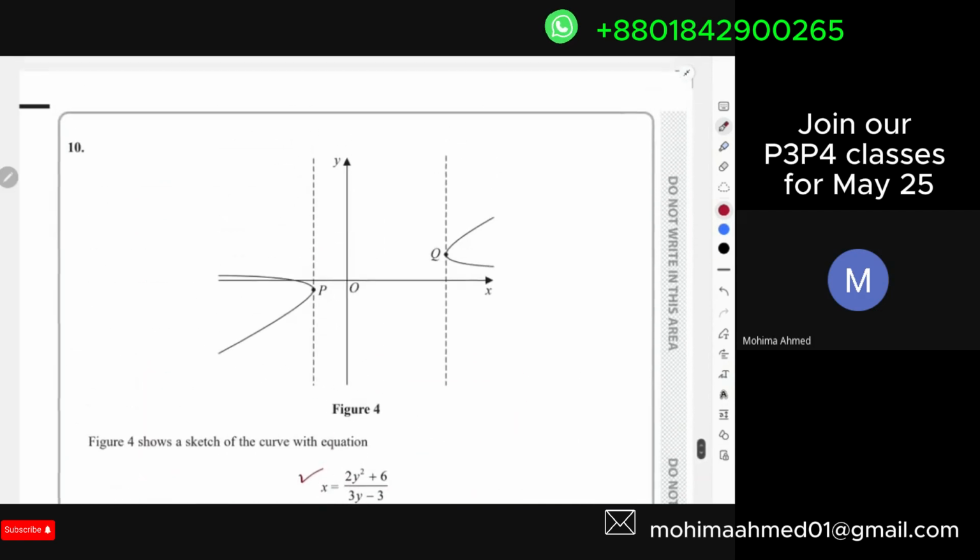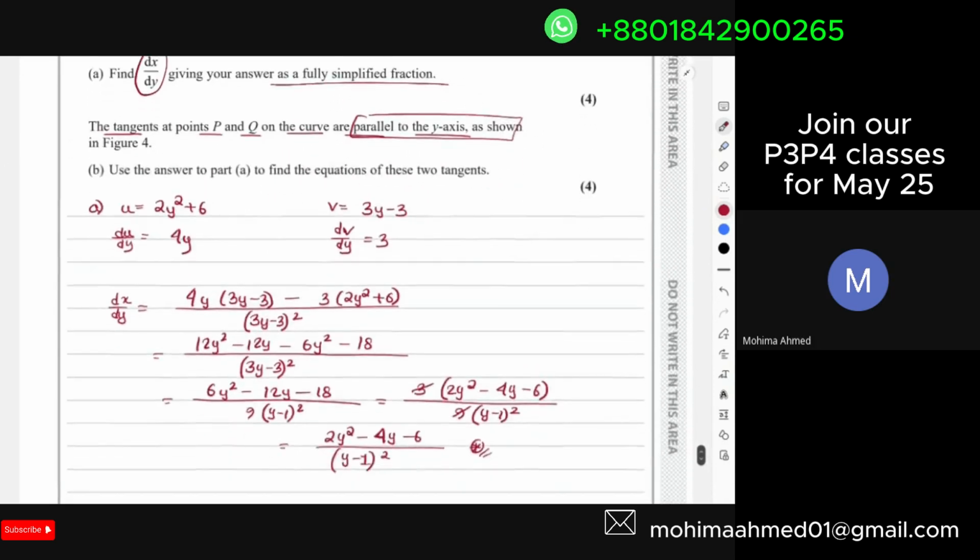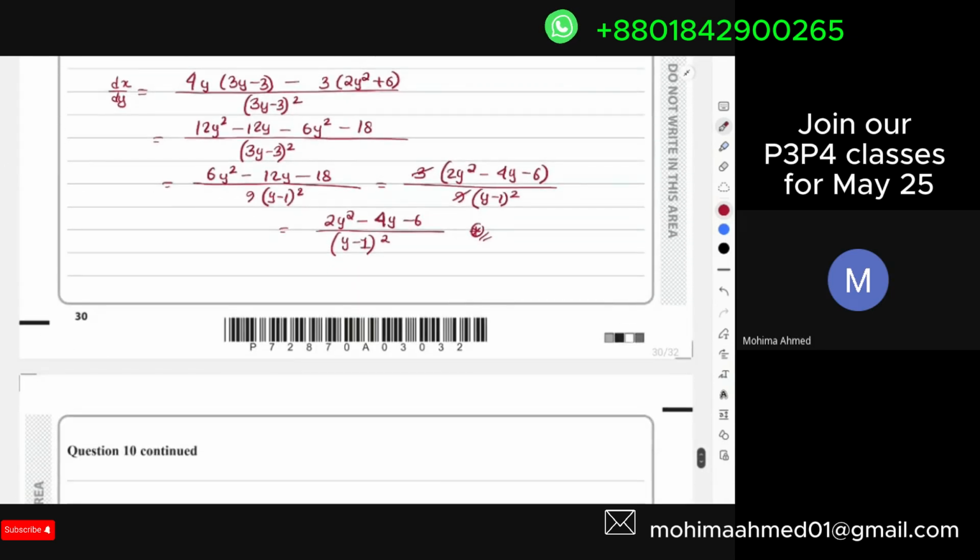Parallel to the y-axis means your tangent at point P is supposed to be entirely vertical, right? Exactly vertical, and this one is also exactly vertical. So they will have the equations x equals p and x equals q only, nothing else, because these tangents are going to be entirely vertical lines.